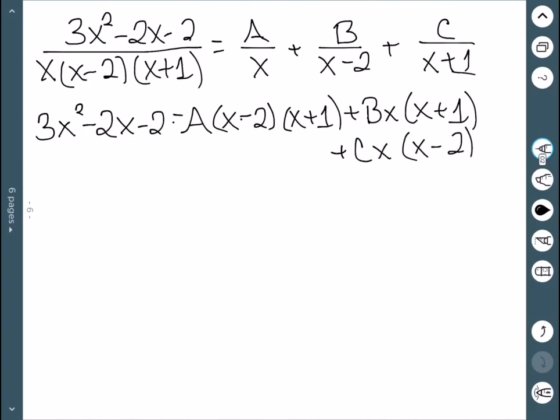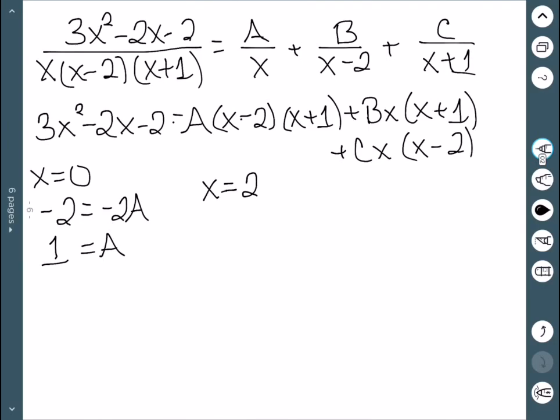And once again, we can choose some good values for x. If we let x be equal to 0, on the left I get negative 2, and on the right, the a term becomes negative 2a, and the b's and the c's cancel. So I get that a is 1. Another good value would be to let x be equal to 2.